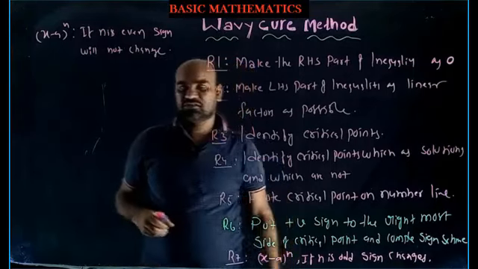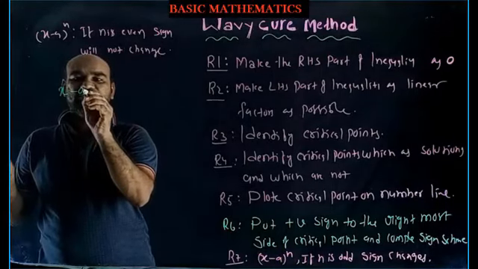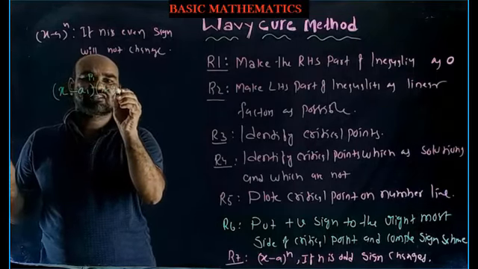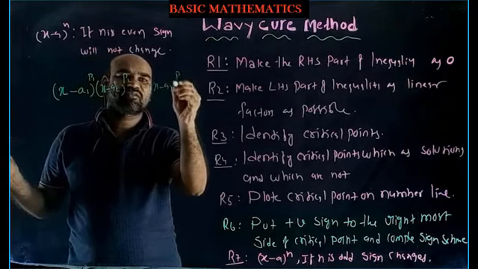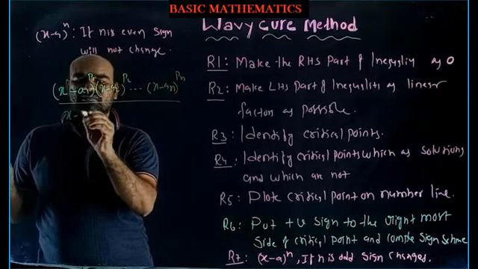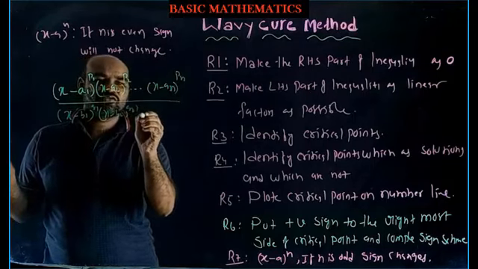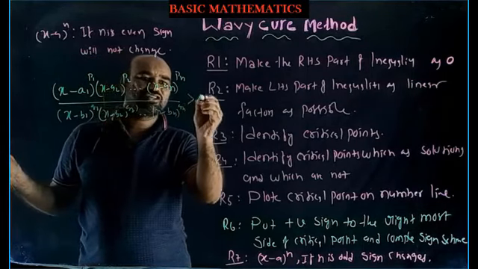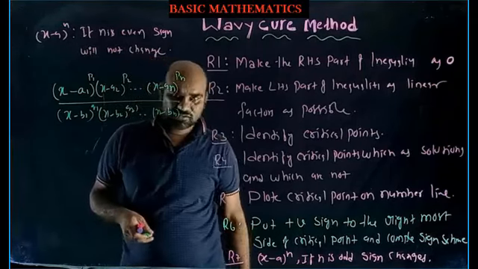For example, your inequality of the form (x minus a1) power p1 into (x minus a2) power p2, and so on, (x minus an) power pn, divided by (x minus b1) power q1 (x minus b2) power q2, and so on, (x minus bn) power qn, is greater than 0 or lesser than 0 or lesser than or equal to 0 or greater than or equal to 0.